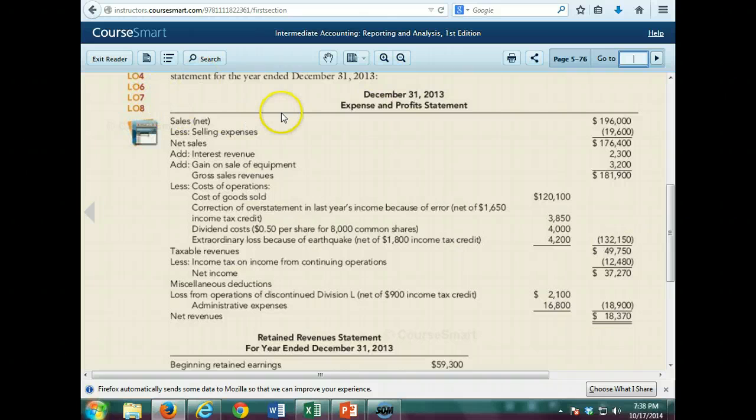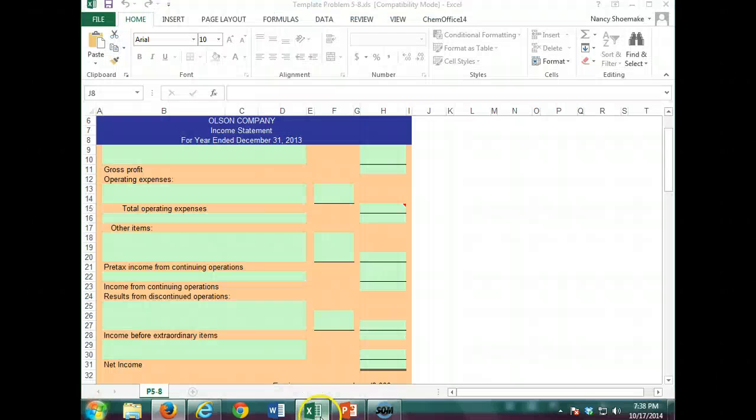But ultimately, the sales net is just fine, okay? So they had a more detailed version in the PowerPoint, but here we've got sales net of 196. So if we look at our template here, what's the first thing we're going to do? Sales net of 196. Right?